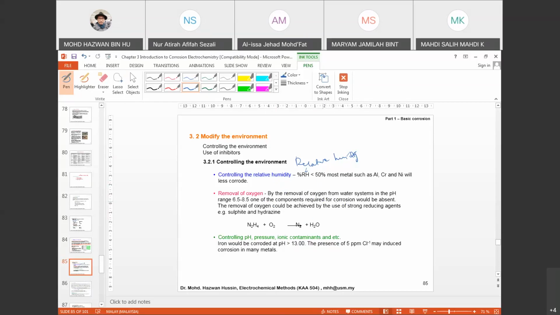Another thing is, if you want to remove oxygen from the electrolyte, you can introduce an oxygen scavenger. Oxygen scavengers convert oxygen into other material. For example, hydrazine, N2H4. The structure is more or less like this.